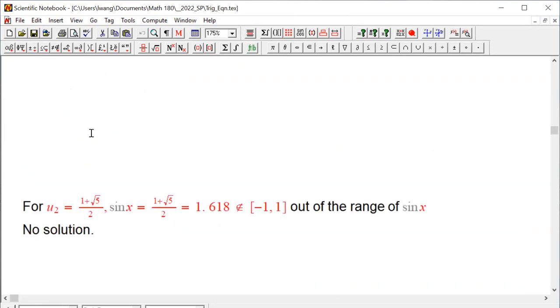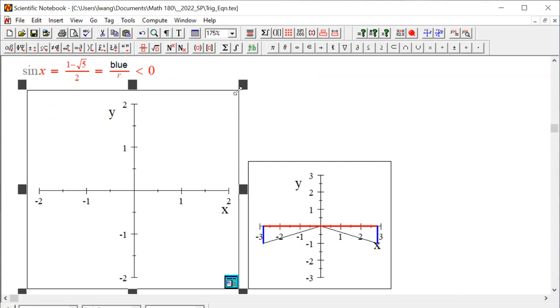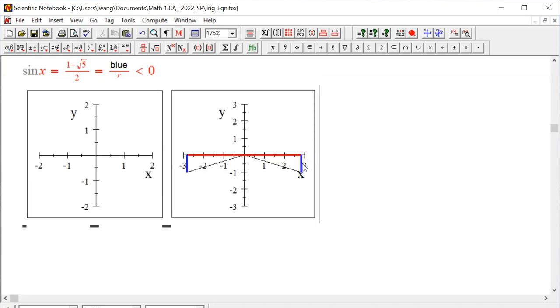The only difference is that the y is different and the r is different, so we're going to make adjustments accordingly.